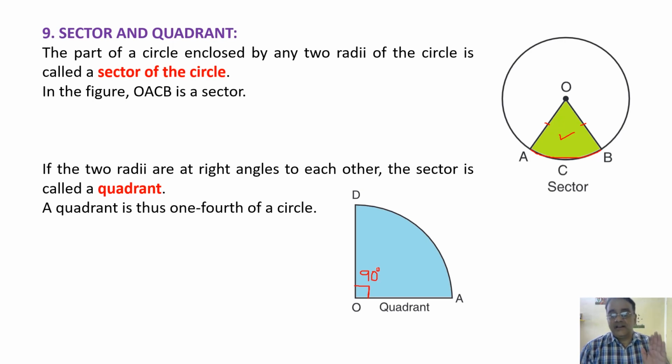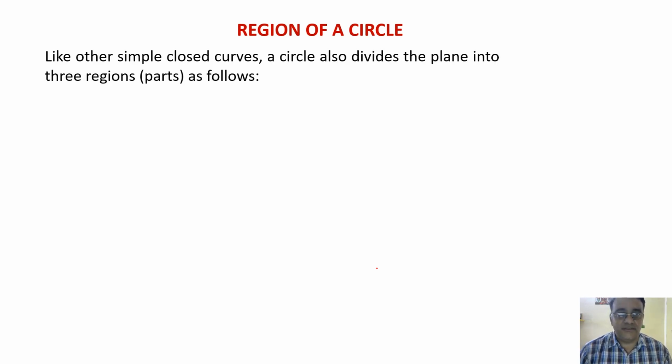Okay. Now next topic, region of a circle. Like other simple closed figures, we have seen three regions. Here also we have three regions. One is interior region, exterior region, and boundary. Like other simple closed curves, a circle also divides the plane into three regions as follows.